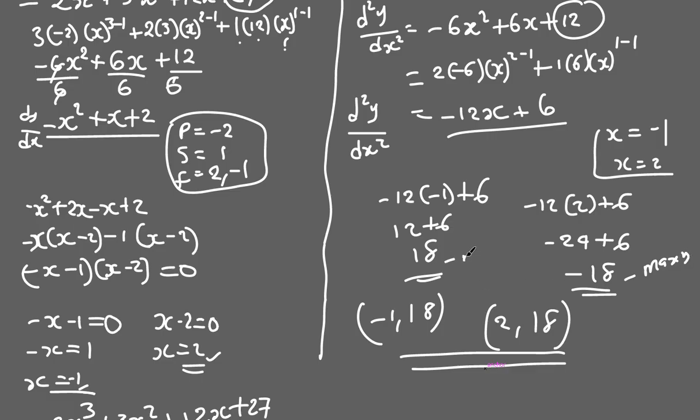This becomes our minimum turning point, meaning this is the minimum turning point. This is, where is -18? -18 is here, and this becomes our maximum turning point. And that's how you move. So we answer that question.